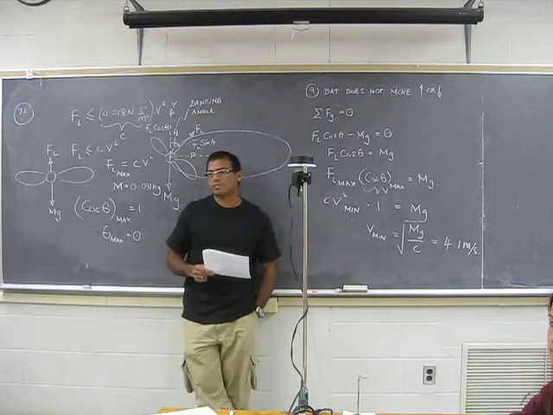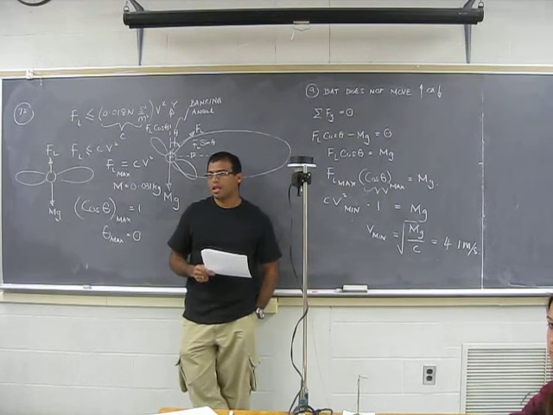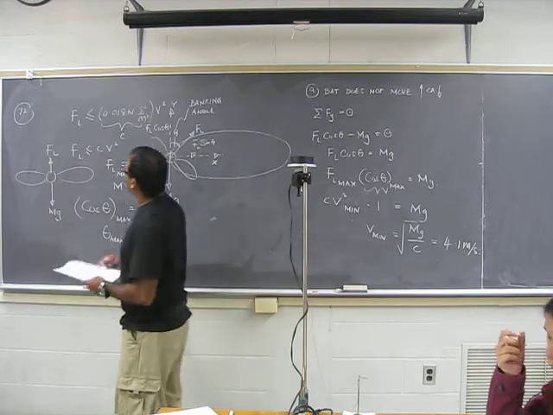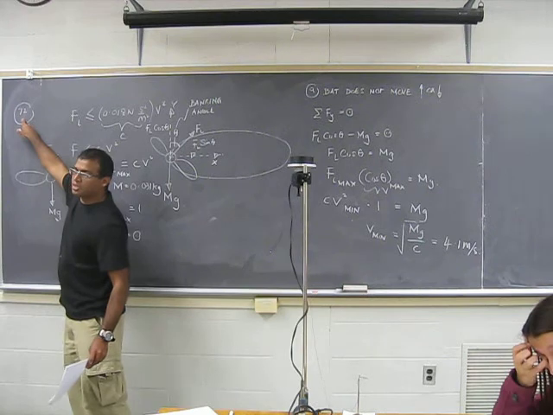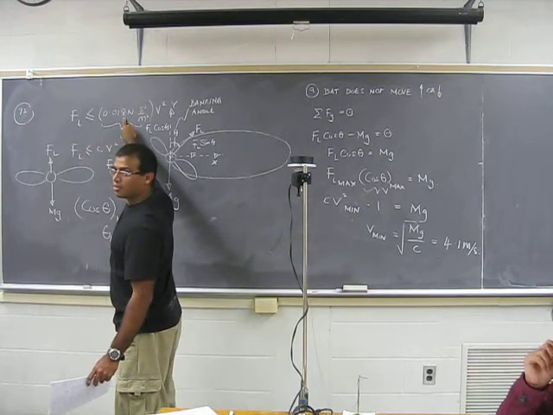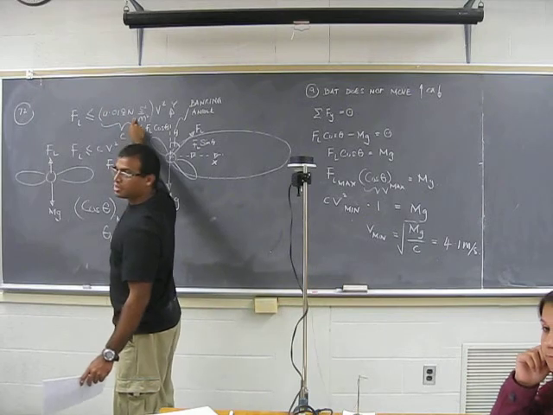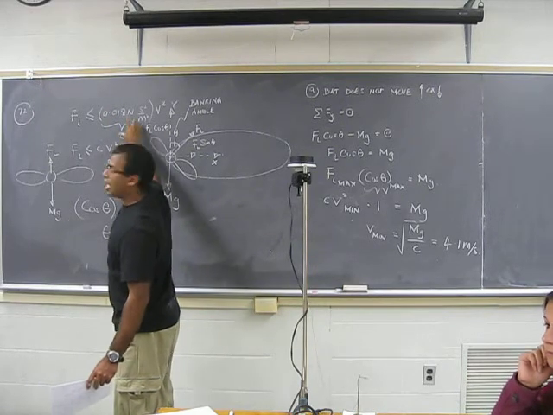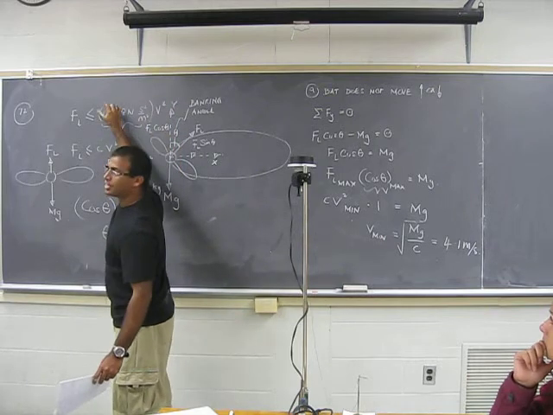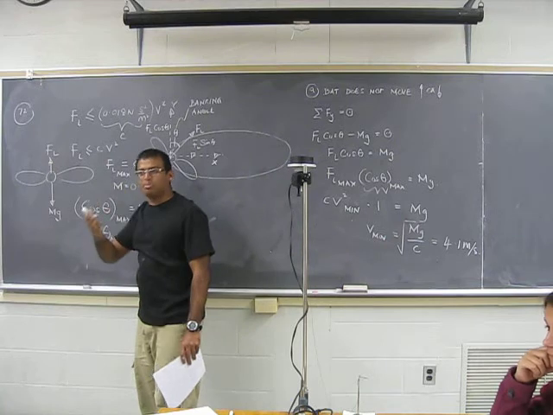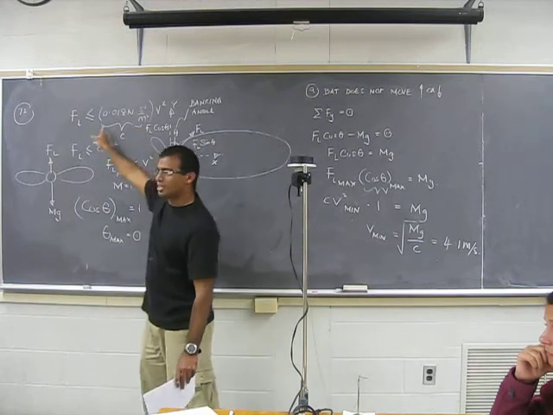I came in late, but I don't know what that formula is. F sub L is equal to C V squared. How did you get that formula? Problem number 73. It's given to you. I know it was given to you, but how did you know C is my constant? I'm going to take that whole thing as a constant, because it makes my life easier, let's be honest, since I would have to write all of these otherwise.